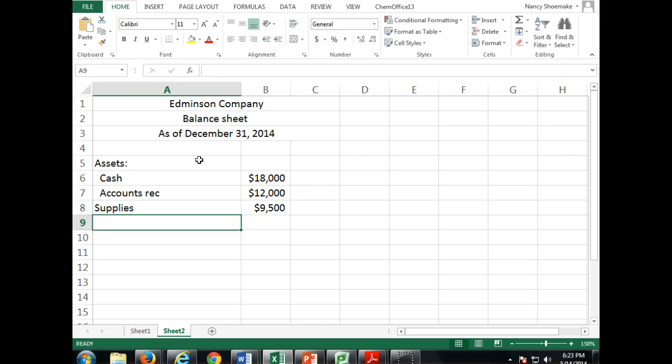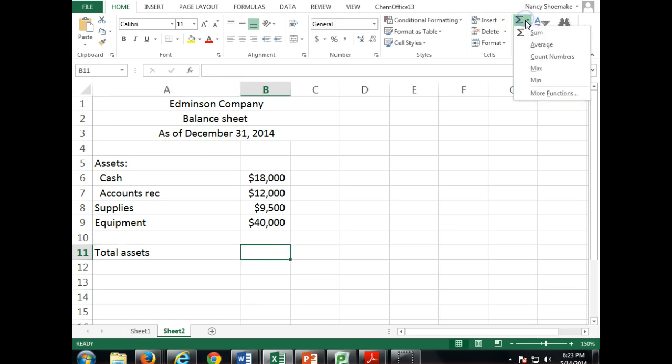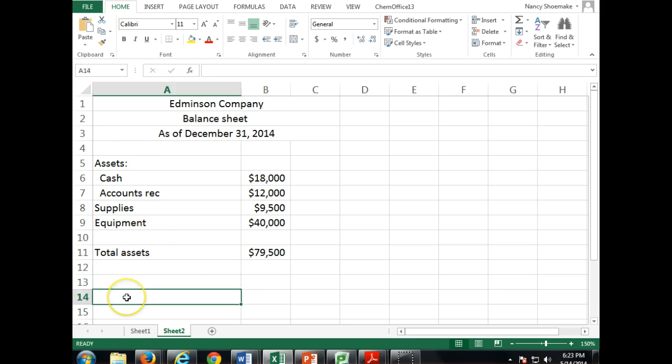And what's our last one here? Equipment would be what? 40. So we have total assets here of $79,500.